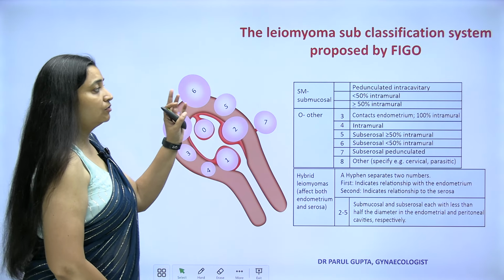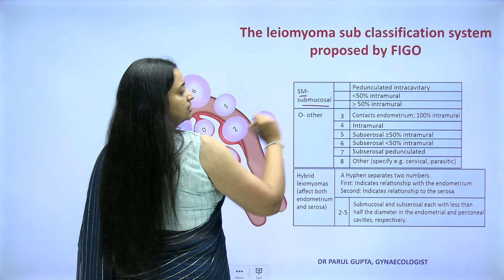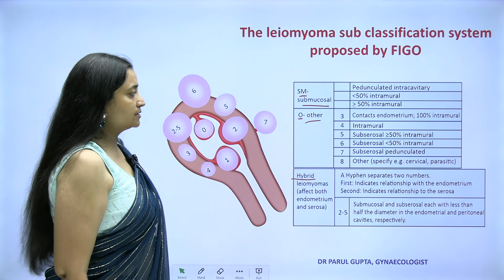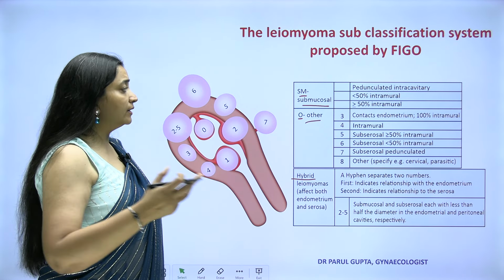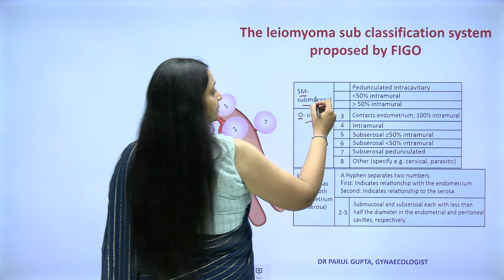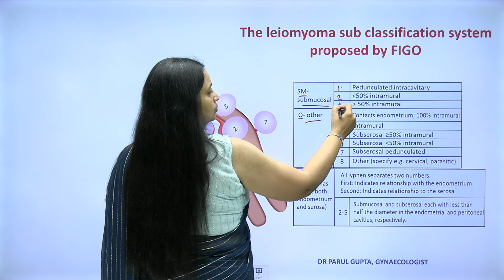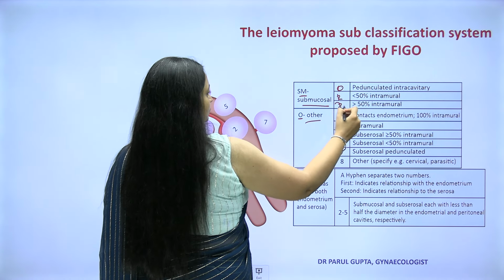Now we'll study this FIGO classification in detail. SM means submucosal fibroid, O means other, and then there are hybrid leiomyomas. So if you study a sonography report of a patient of fibroid, they mention all these things. Submucosal, there are three categories, 1, 2, 3. Sorry, it is 0, 1 and 2.